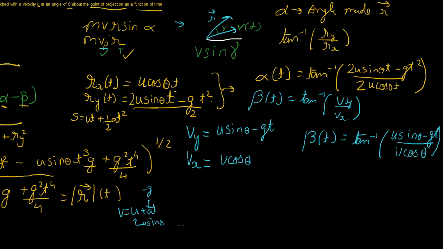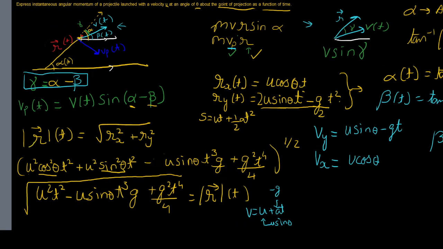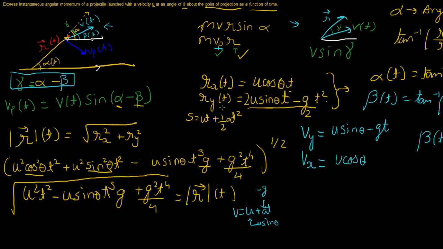Now I think we have all the things required for the angular momentum. We have m constant, the perpendicular velocity, alpha, and beta.